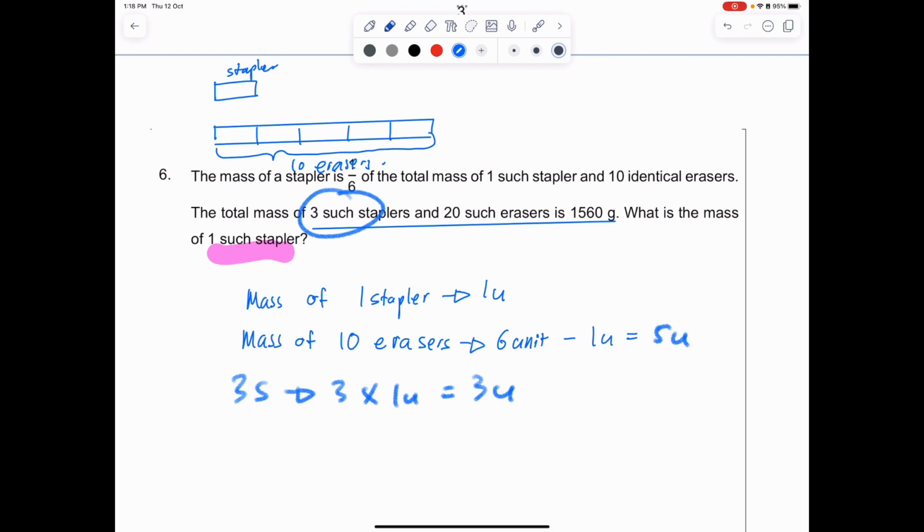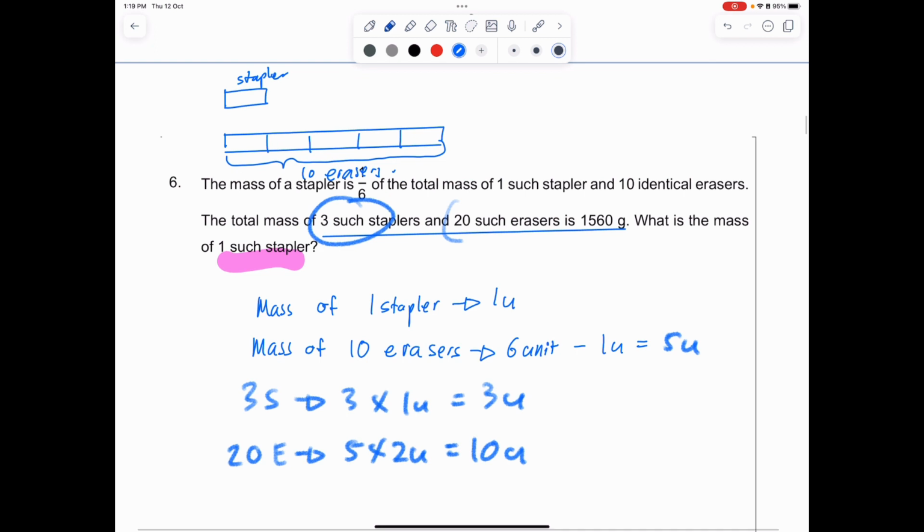And then for your 20 such erasers, it's actually 5 units times 2, equals 10 units. Why is that the case? Because like I told you, with every 1 unit over here, you can also say that this is 2 erasers. 2 erasers, 2 erasers, 2 erasers.